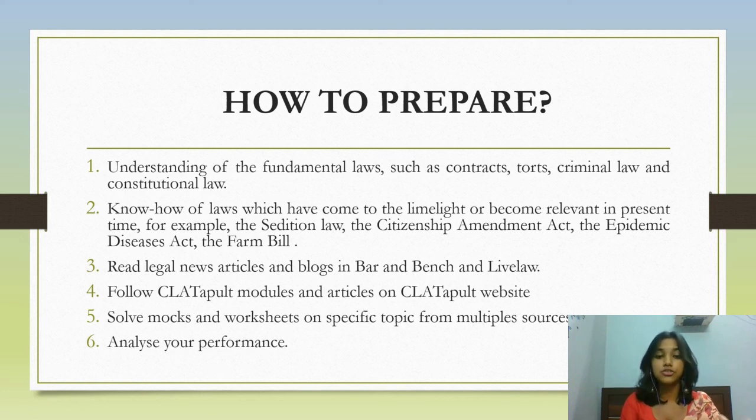So you are required to do mocks, you are required to do worksheets which are specifically created to deal with a particular topic. And you have to do it from multiple sources. Okay, so while relying on the mocks and worksheets provided by Catapult, do refer to other material available online so that you have a holistic preparation and holistic understanding of the questions which are relevant.